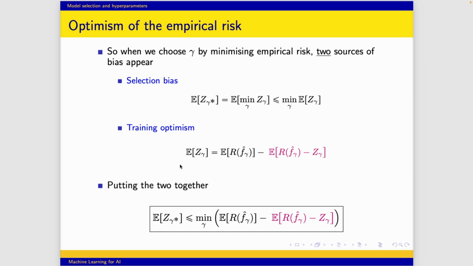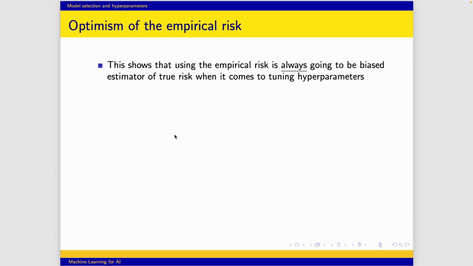So there are two components here in our bias. By using this procedure, using the minimum of Z gamma to find the best gamma value, gamma star, we introduce two biases. One is a selection bias and the other one is this optimism bias.